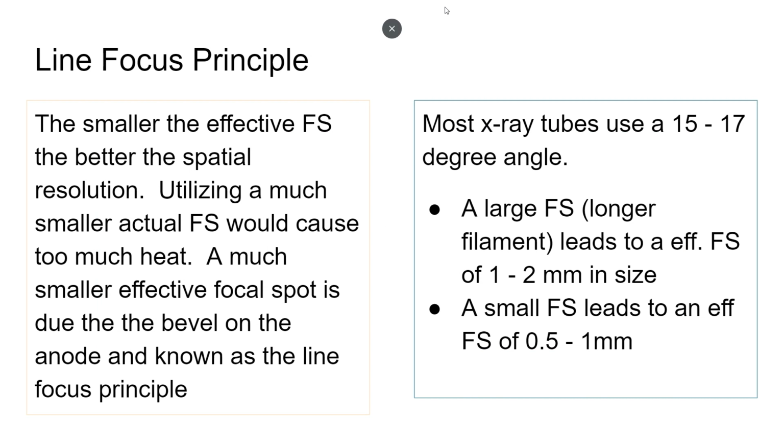Okay, so let's take the right side for a second. So our large focal spot, right, is going to lead to an effective focal spot of 1 to 2 millimeters. And this is based on the average angle of most tubes. Average angle, right, they can change, is around 15 to 17 degrees.